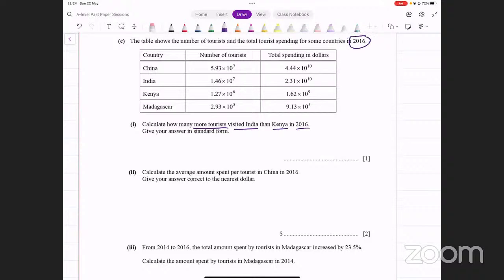अभी 2016 का डेटा है सारा. तो बेसिकली आपने क्या करना है, इंडिया में जो नंबर ऑफ टूरिस्ट हैं उसमें से माइनस कर देना है जो आपके कीनिया में नंबर ऑफ टूरिस्ट हैं, ठीक है.